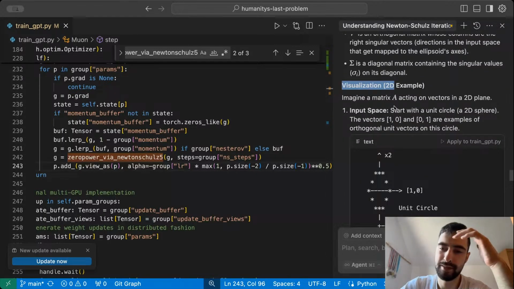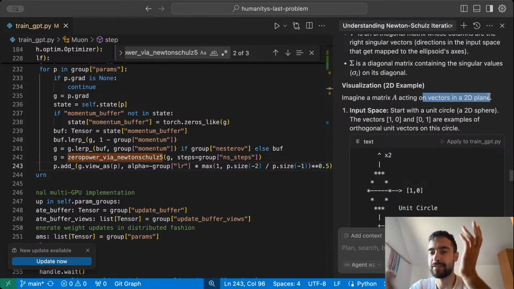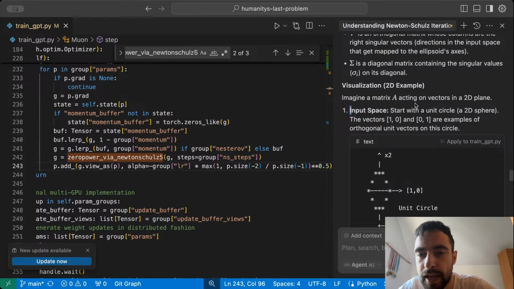Okay, let's see some visualization. Imagine a matrix A acting on vectors in a 2D plane. Matrix can transform vectors, move them around, scale them, stretch them, change angle between. Input space.